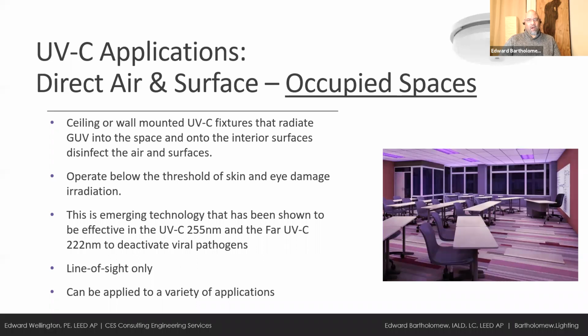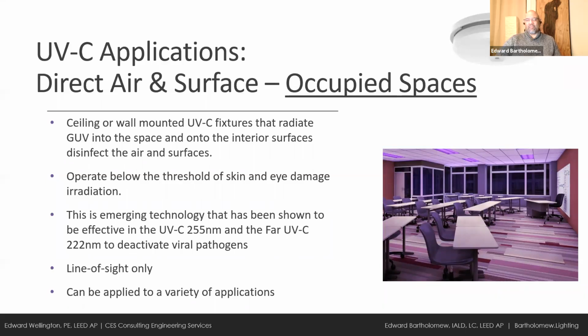There's also the far UVC 222 nanometer. I mentioned that before, being a wavelength that cannot penetrate the dead skin cells, the upper layer of our skin, so it doesn't irritate our skin or our eyes. This also can be integrated into ceiling panels and wall panels that can irradiate the room while the room is occupied.